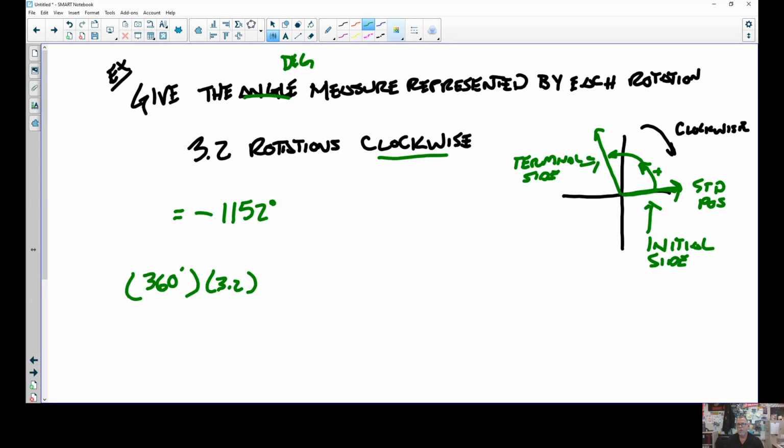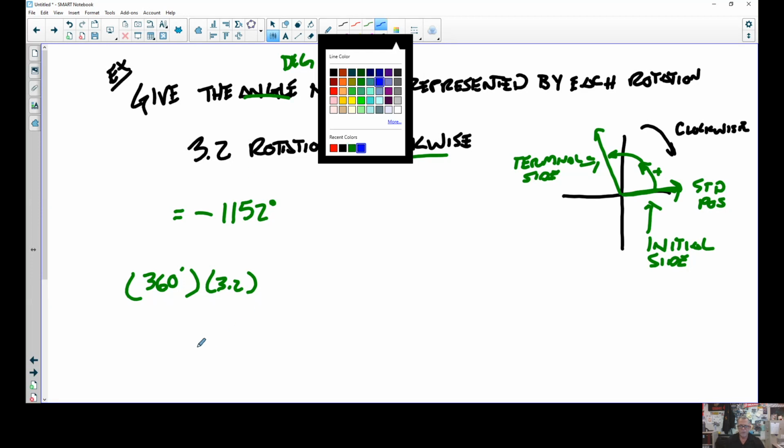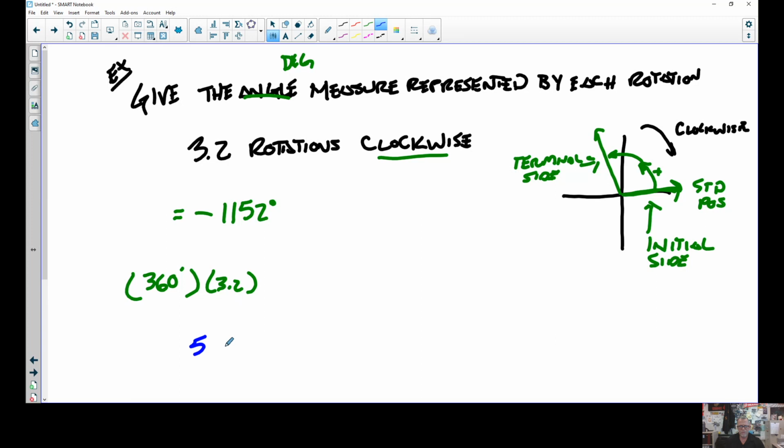Okay, so there's one example. So if I ask you 5.6 rotations counterclockwise, well, counterclockwise now is a positive rotation, right? We just talked about that over to the right here. Counterclockwise is a positive rotation.